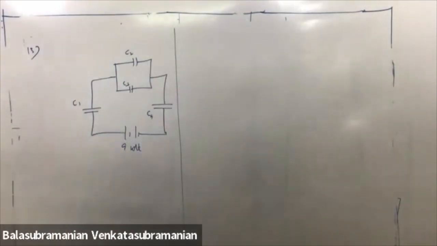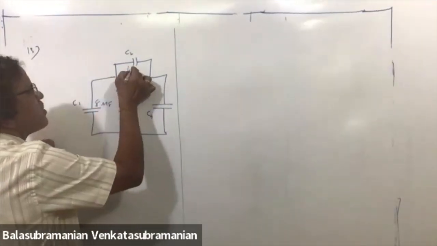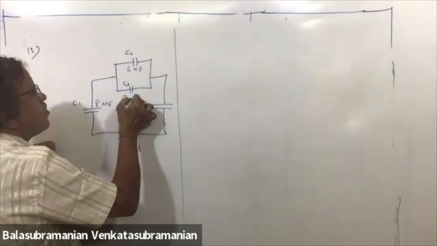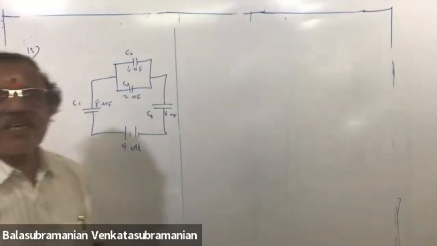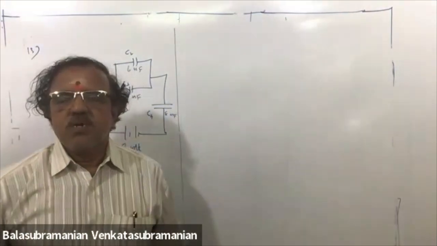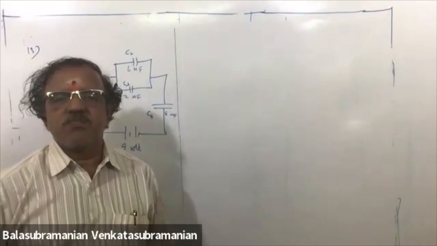C1 value is 8, 6, 2, 8. Calculate the resultant capacitance. You can calculate the charge, you can calculate the potential difference.